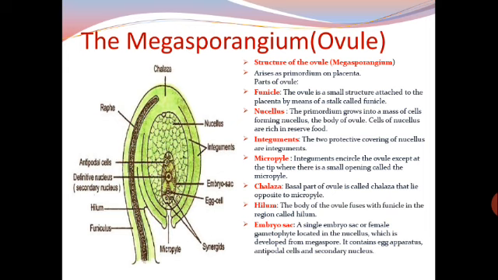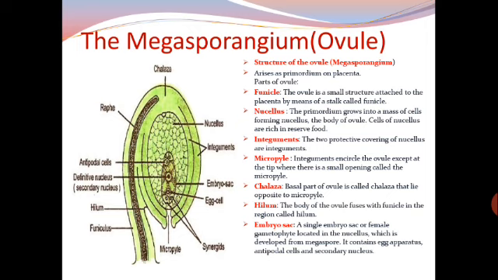So these are the parts of the ovule, very important. The funicle is the small stalk by which the ovule is attached to the placenta. The nucellus is a major part of the ovule, a parenchymatous mass where the cells are rich in reserve food. Integuments are the coverings of the body of the ovule, except at a point called the micropyle, where they leave a small opening.